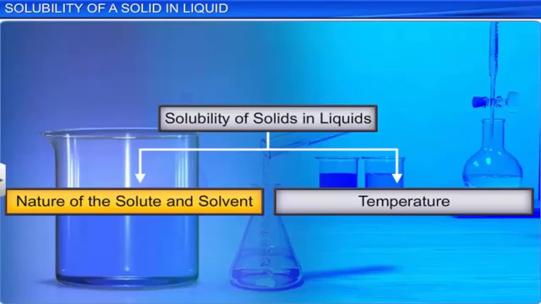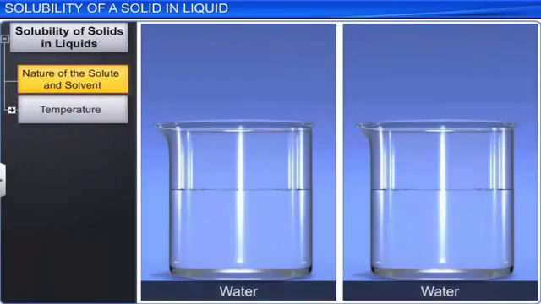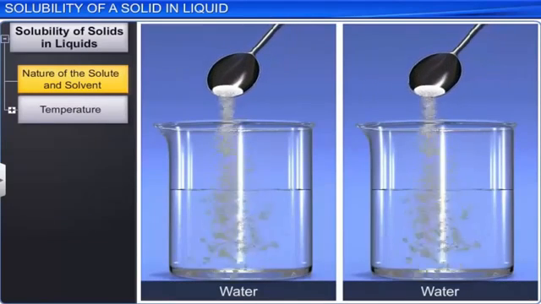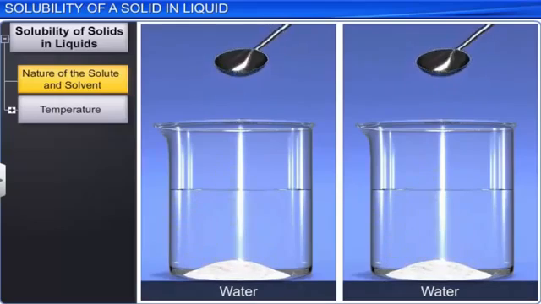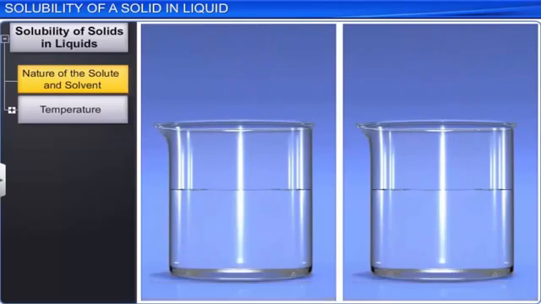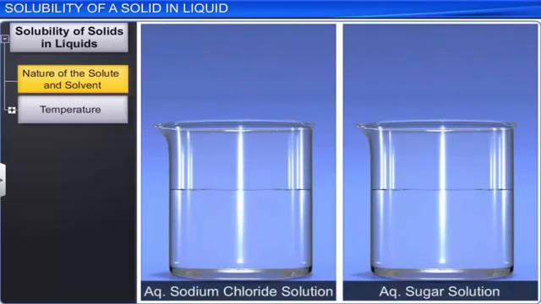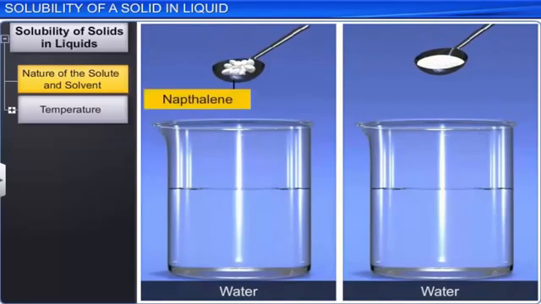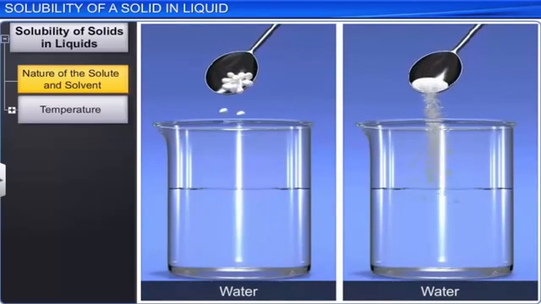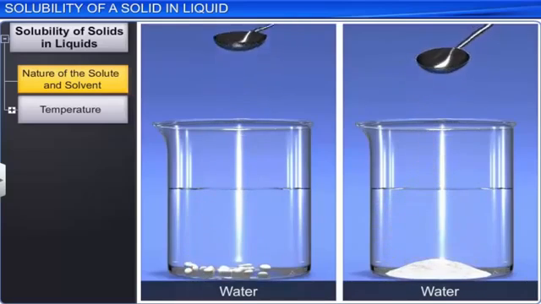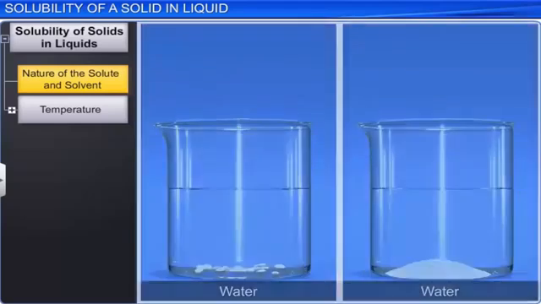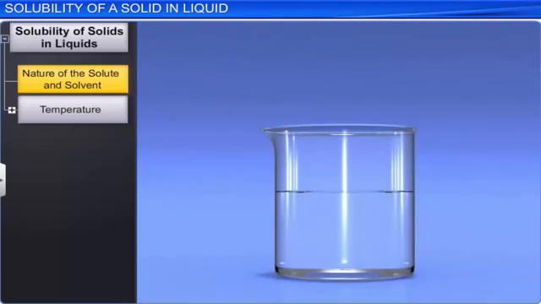It is observed that while sodium chloride and sugar dissolve readily in water, naphthalene and anthracene do not. In general, solubility follows the rule like dissolves like.